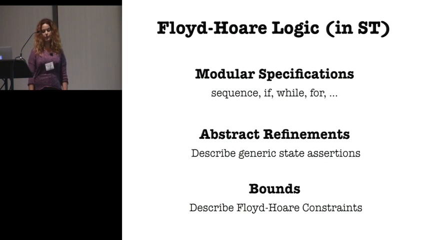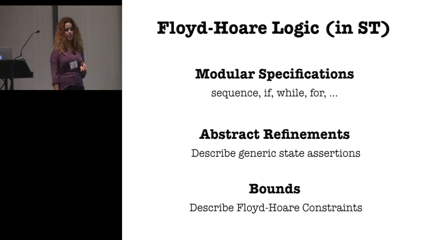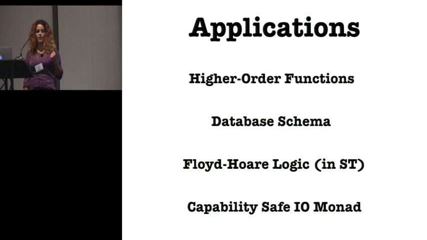And then we use bounds to specify that these assertions satisfy the Floyd-Hoare constraint. So in this application, we refined the state monad so that it satisfies Floyd-Hoare logic. And on top of that, we built a client. We built as a client a refined I/O monad that tracks capabilities.